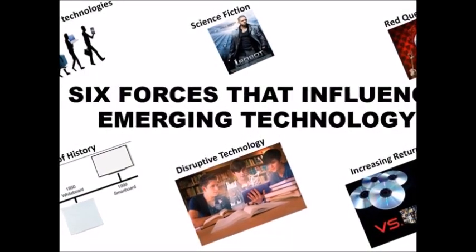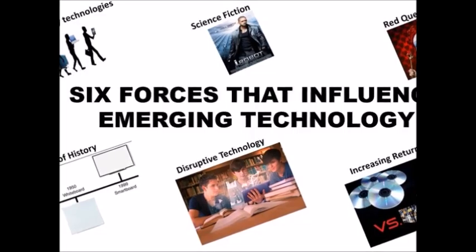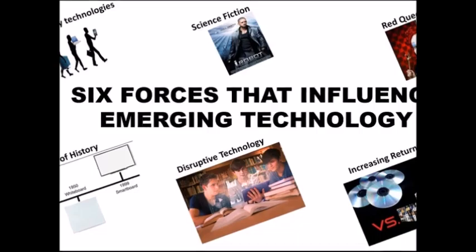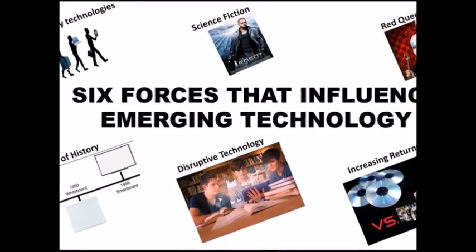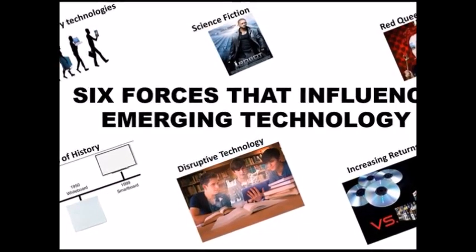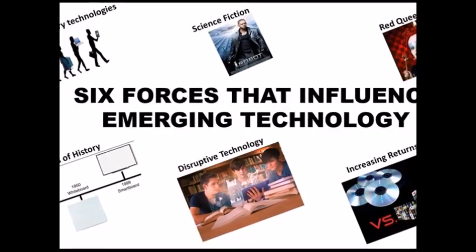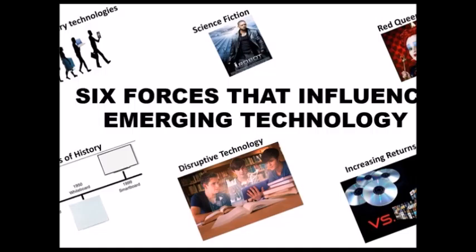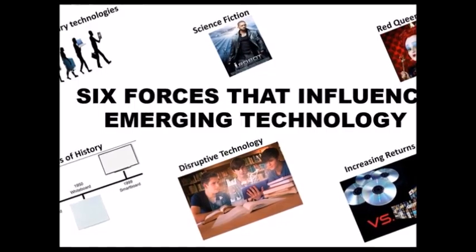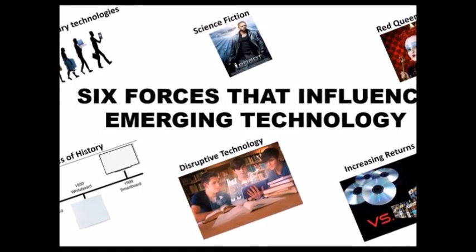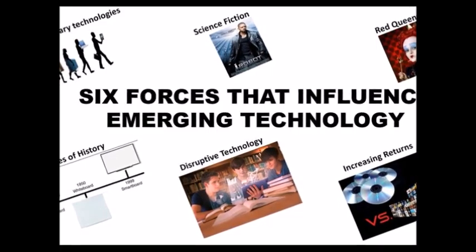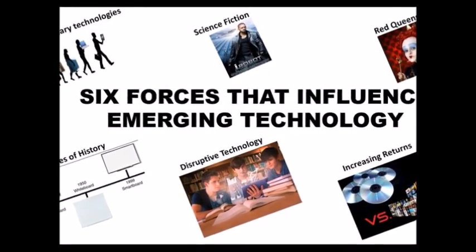The next component of the forces that influence emerging technology is science fiction. Science fiction can be used to explain the emergence of the new technology of the iPad, which has now replaced the obsolete technology of desktop computer technology, which we see in the movie Minority Report, which came out in 2002, which has the main character interacting with technology by using his hands.